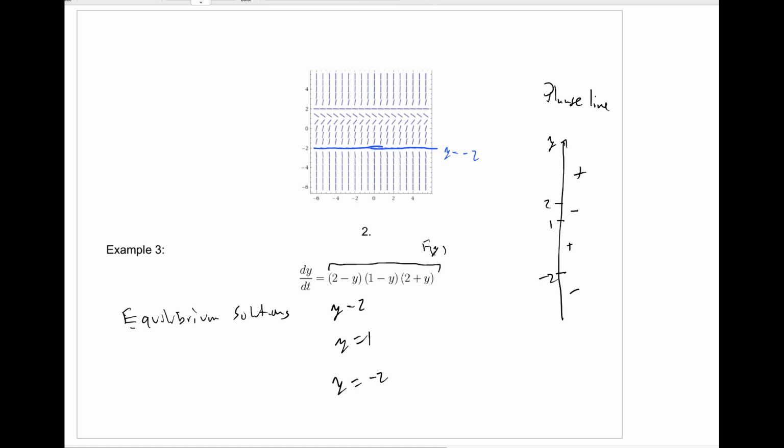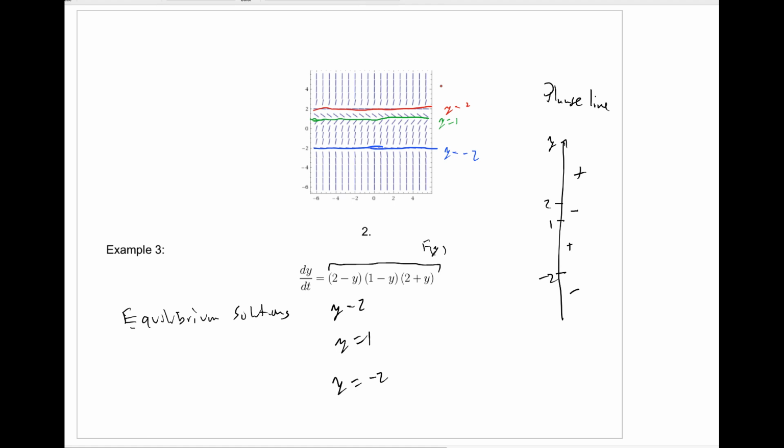And using green here, we have y equals 1. That's in here. So the slope field didn't show the points right in between, but there's an equilibrium solution right here at y equals 1. And then up here above, you can see the equilibrium solution, y equals 2.